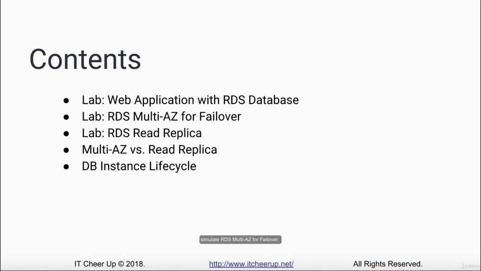Simulate RDS multi-AZ for failover. Conduct RDS read replica. We will take a look at the difference between multi-AZ and the read replica, and how to use them together. Then we recap the DB instance life cycle.